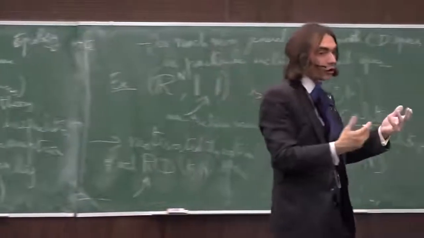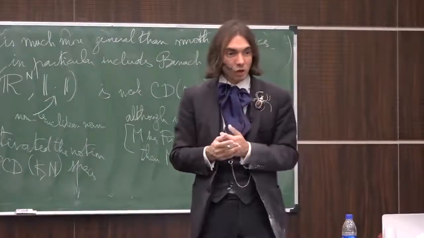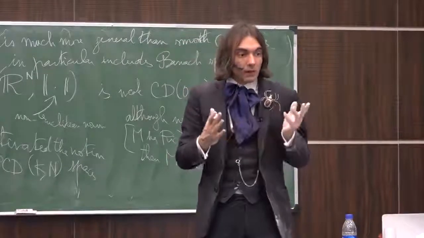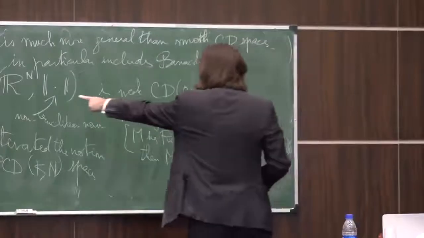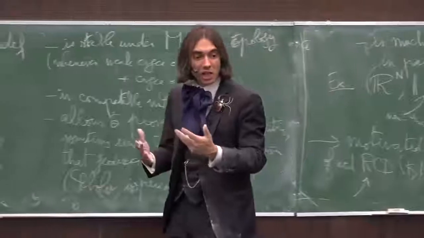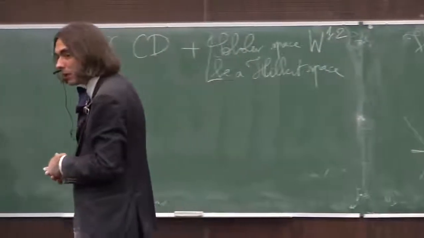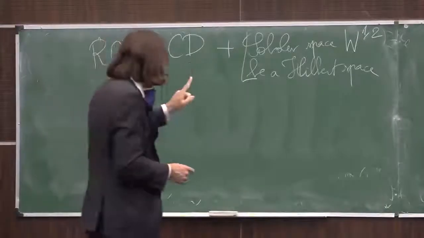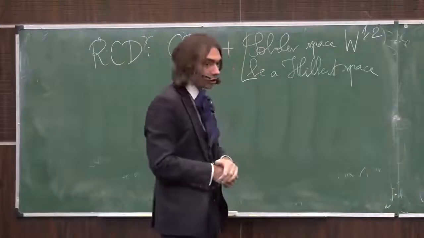When we take the first Sobolev space in L2, it has a Hilbert structure. But it's because we work with the Euclidean norm. If we try to do the same on this, it will not be a Hilbert space. And in general, on a metric space, this space will not be a Hilbert space. But if it is a Hilbert space, then it restricts a lot.